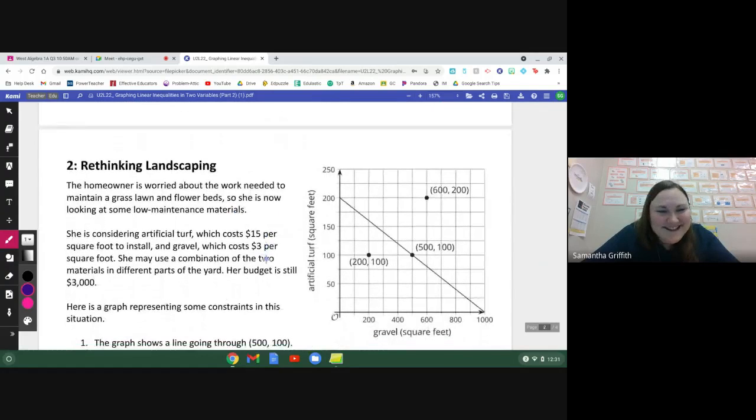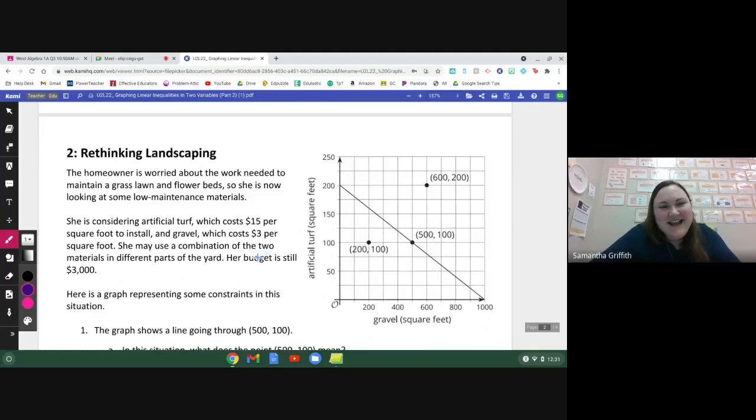We're still talking about landscaping in the second one. And in the second part, they tell us the homeowner is worried about the work needed to maintain a grass lawn and flower beds. So she's now looking at some low maintenance materials. She is considering artificial turf, so like fake grass, which costs $15 per square foot to install.